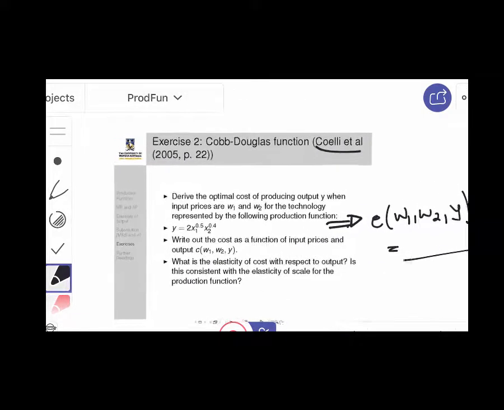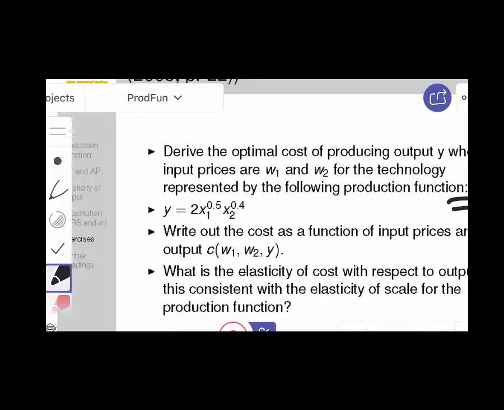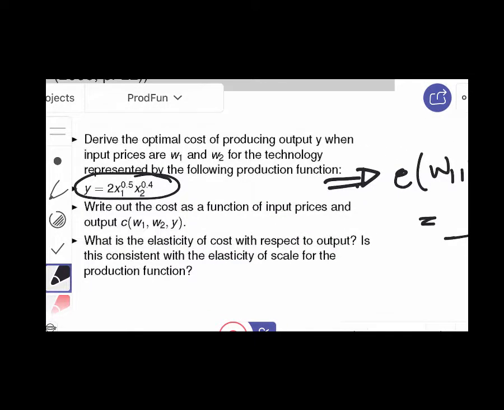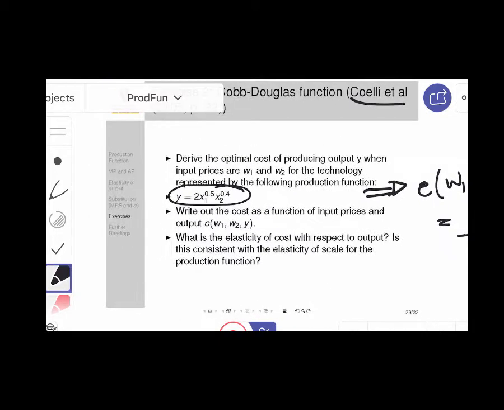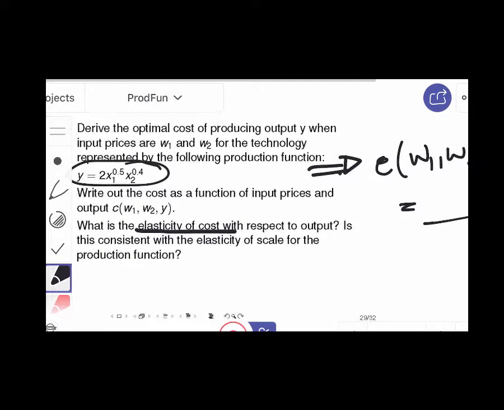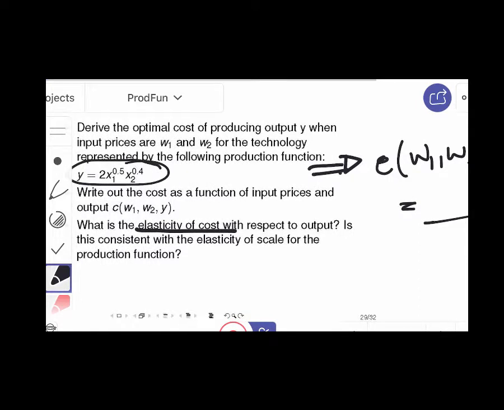Of course, the cost function is derived from this output function, and it will be influenced by the parameters you have in here, but it's possible to do that and also calculate what's called the elasticity of cost. So this is again another concept of elasticity, and it measures how responsive cost is to the scale of output. So it's related to the elasticity of scale, or the returns to scale measure we were describing earlier.